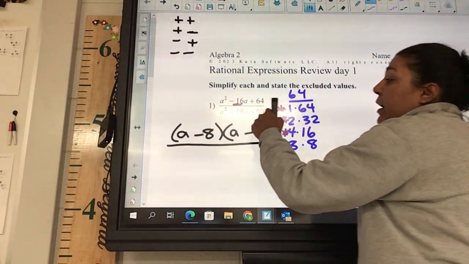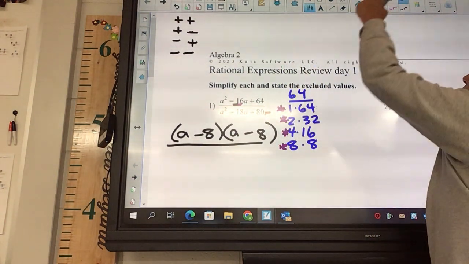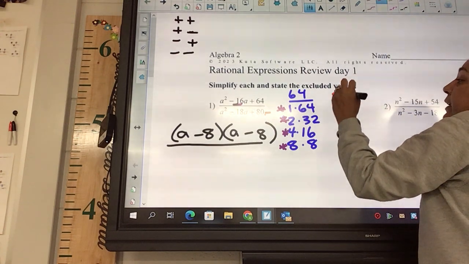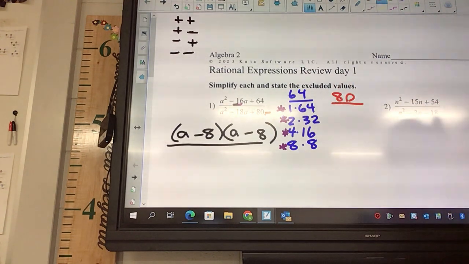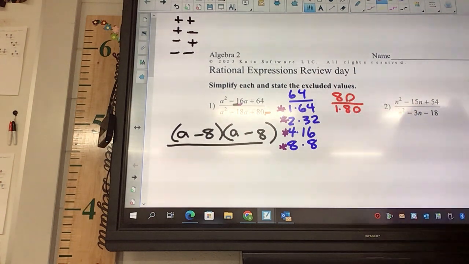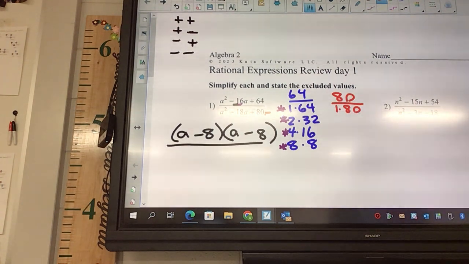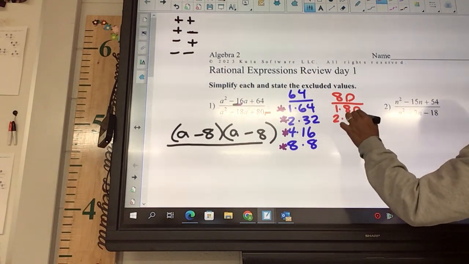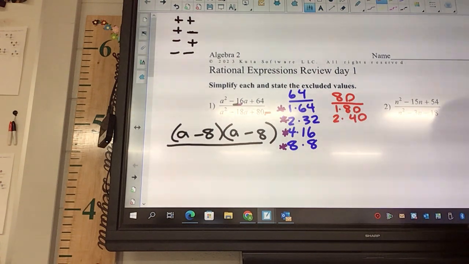Now we need to do this bottom one. We're going to make a list of 80. What's going to be your first one? 1 and 80. Then start running through them. 80 divided by 2, 2 and 40. Does 3 go in?